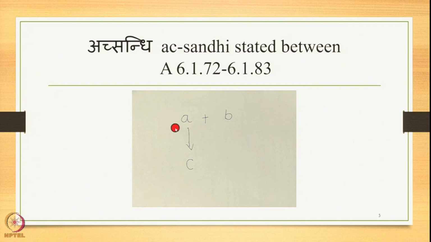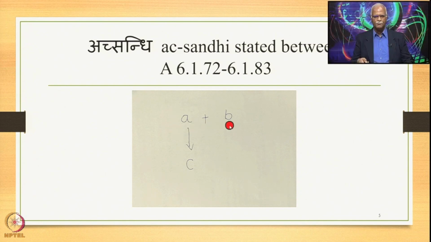When A is immediately followed by B, which means that A and B are in close proximity in Samhita mode, then this A gets replaced by C. Ekasthani, ekah adeshaha. One substituent, one substitute.